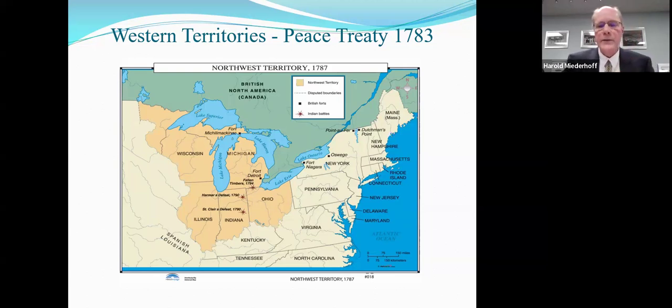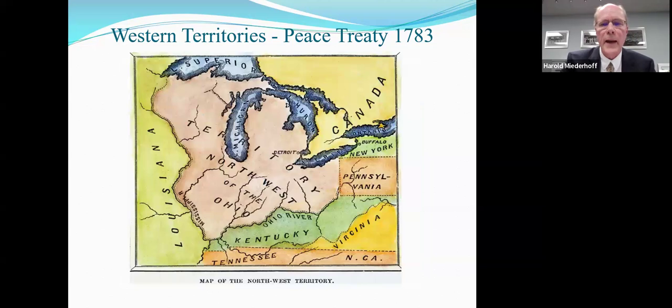As part of that peace treaty, and I think we probably all know where the Northwest Territory is, this might be a little better map to show you what part of the country we're talking about. But nevertheless, as part of the Treaty of Paris in 1783, Great Britain gave the United States this western region that was referred to as the Northwest Territory.